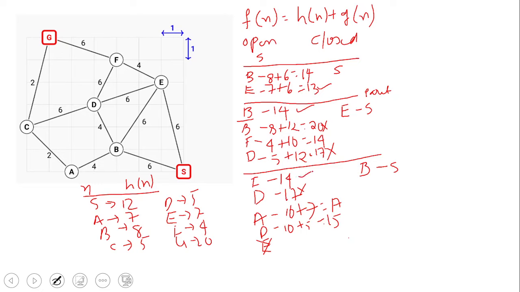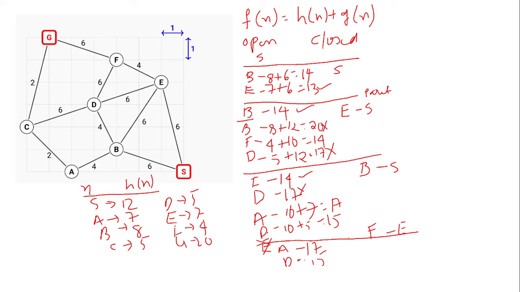So the next minimum is F. So move F. What is the parent of F here? E is the parent. Now what are the nodes in the open list? A with 17 and D with 15. Okay, next. Whenever we are expanding node F, what are the nodes connected to F? G and D. D is already there, and if you calculate D now, what will you get here?